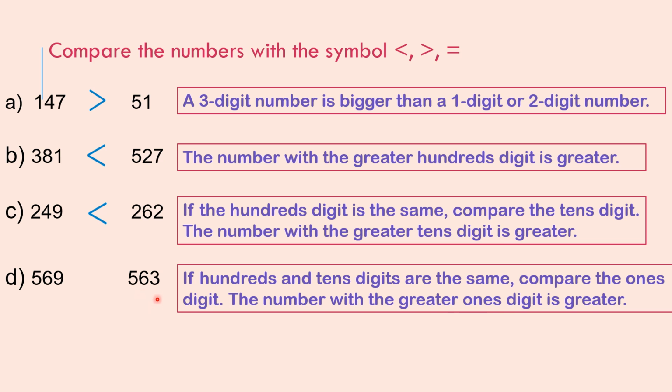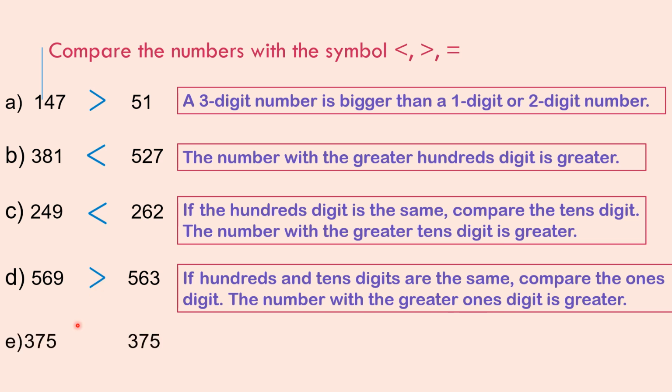We'll come to the next place, ones place, 3 here and 9 in the first number. So we are going to compare the ones. 9 is greater than 3. So as 9 is greater than 3, 569 is greater than 563. So this is the correct one.